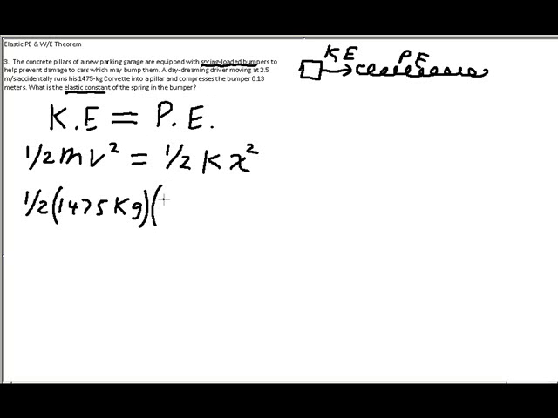That's the velocity. So that becomes 2.5 meters per second, squared. So this is the total amount of kinetic energy entering the system, and it's all going to get transferred to the spring.